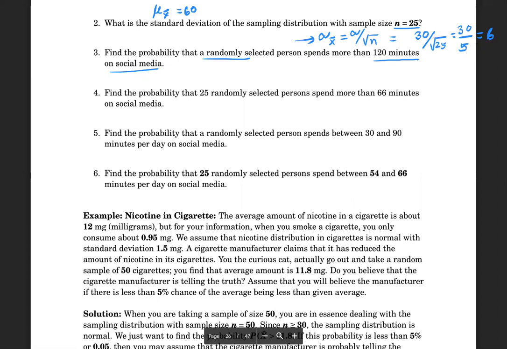All right. Now, how do you find that? This one is easy. So let's clean up the screen. A randomly selected person spends more than 120.